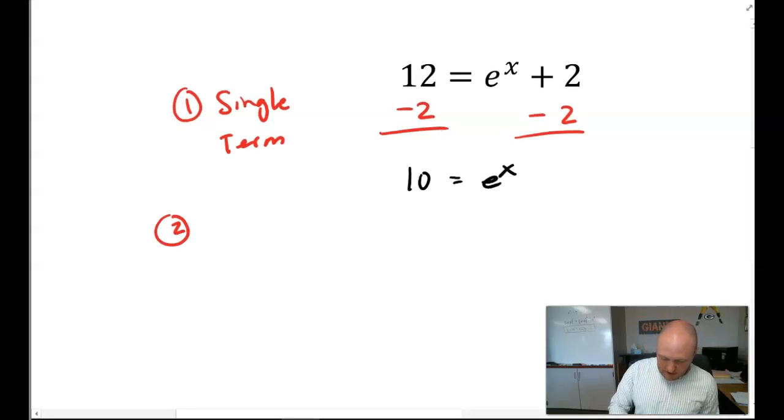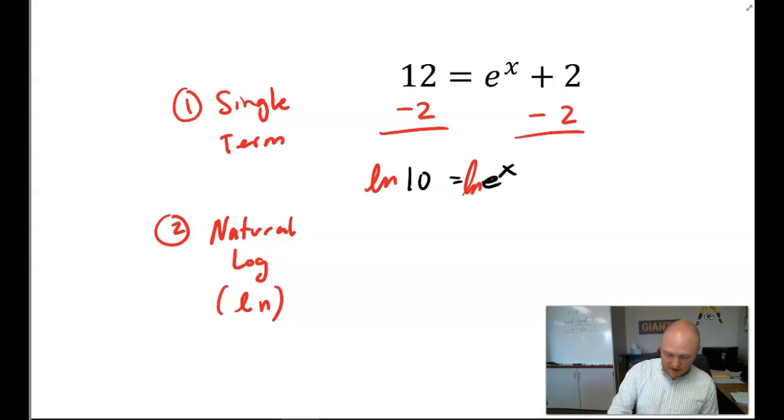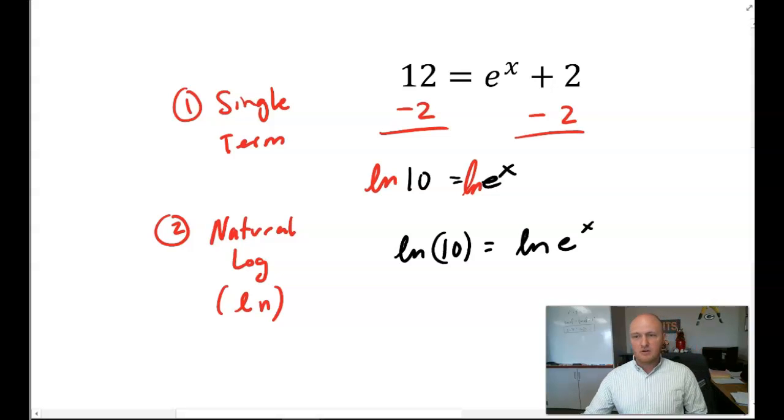Step 2, I'm going to take the natural log of each side, and this is ln. So the natural log of this side and the natural log of this side gives us the natural log of 10 is equal to the natural log of e to the power of x.